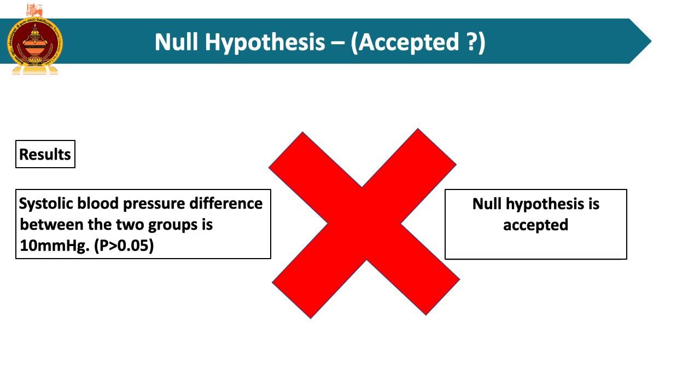If it is high, there may not be a real difference between the systolic blood pressure of the two types of diabetes. But if the probability of observing 10 mmHg due to sampling variation is low, this difference could be due to the differences in the type of diabetes.